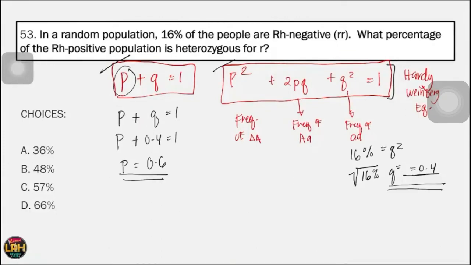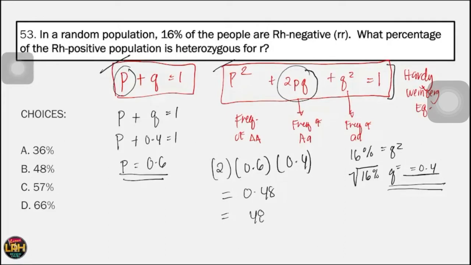Using this value, we can now compute for 2pq, which represents the frequency of the heterozygous population. So here we use 2 multiplied by 0.6 multiplied by 0.4. What we will get is 0.48, or equivalent to 48%. So the value of 48% represents the Rh positive population heterozygous for R. Number 53, letter B.